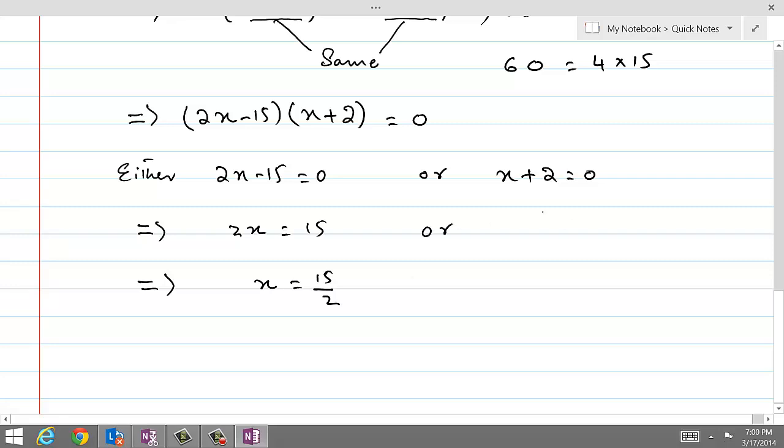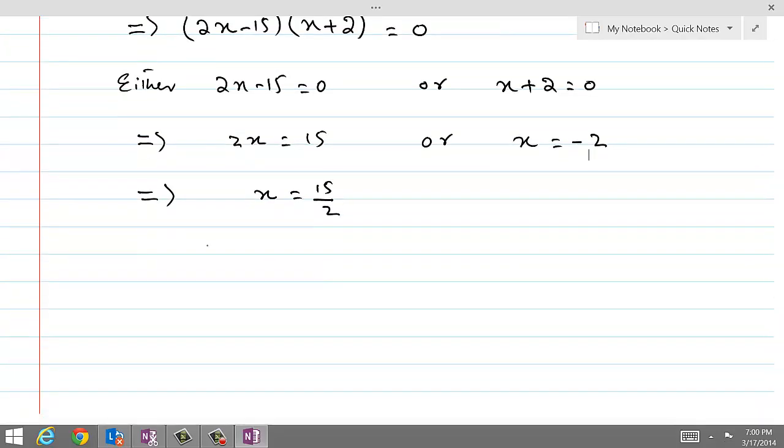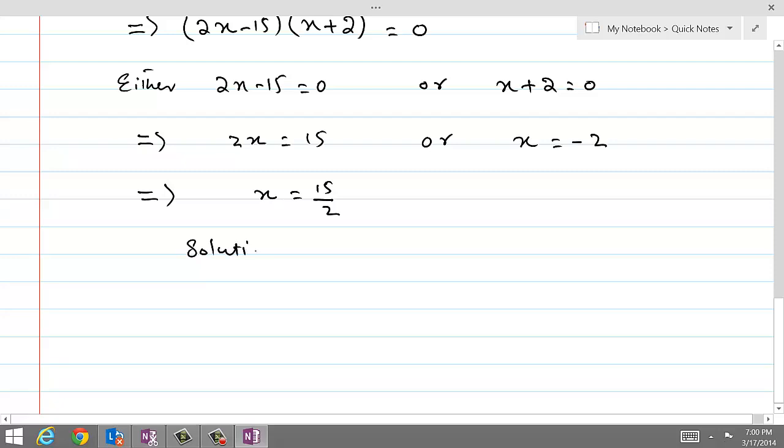And on this side, x is equal to minus 2 by transferring 2 to the other side and isolating x. Therefore, the solution set is equal to 15 over 2 and minus 2.